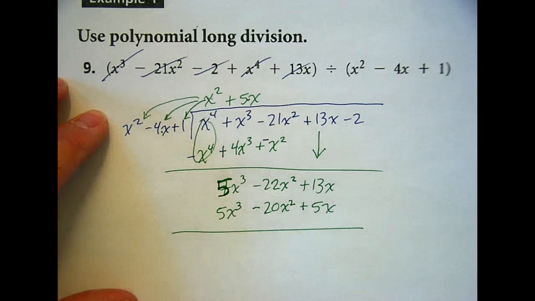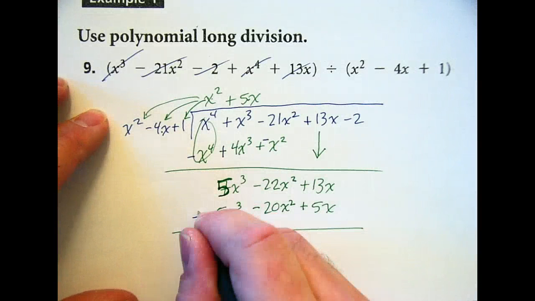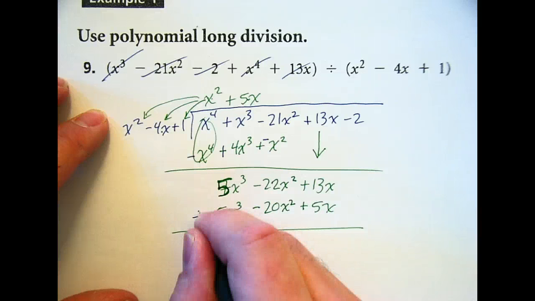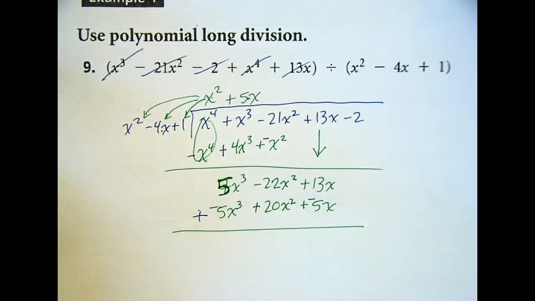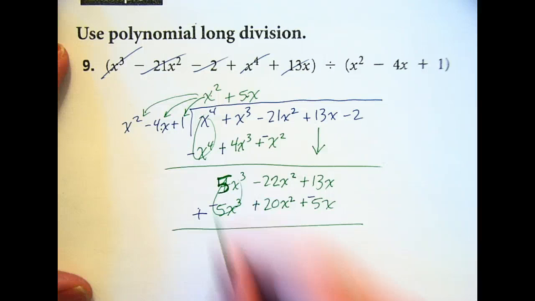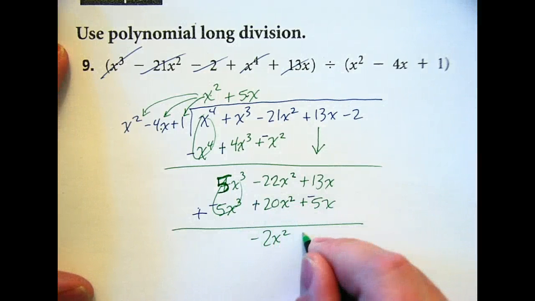And we subtract, which means we are adding the opposite. So we make this negative, positive, and negative. Becomes 0, negative 2x squared, and 8x.